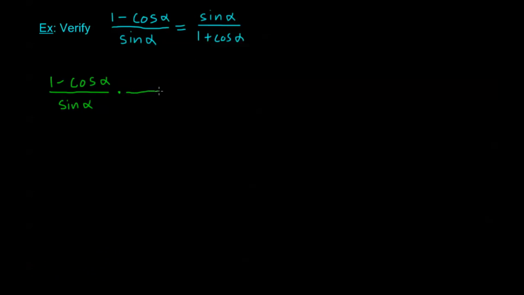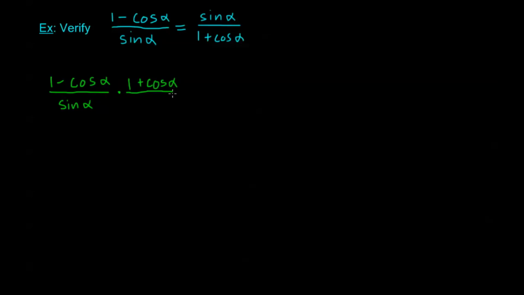First, I have a 1 minus cosine alpha on the top, so I have a conjugate expression that I can multiply by. Remember, with our a minus b times a plus b, those conjugate expressions, if we multiply by its conjugate, we're going to get something that we can apply the Pythagorean identity to. The conjugate expression of 1 minus cosine alpha is just 1 plus cosine alpha.